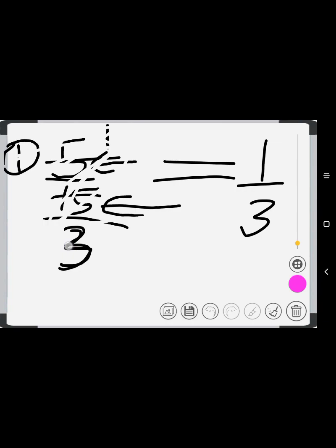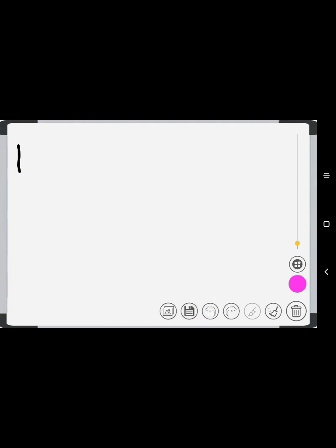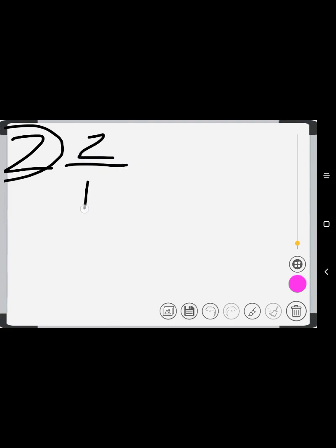So let's erase the board and go on to the next one. Okay, so number 2, there was a delete sign but I never saw it, sorry about that. Number 2, let's say 2 out of 10.